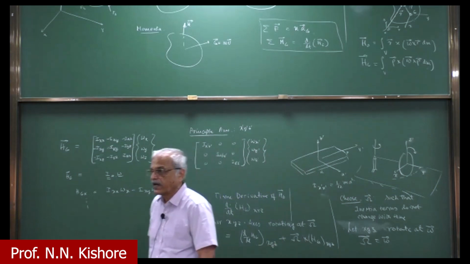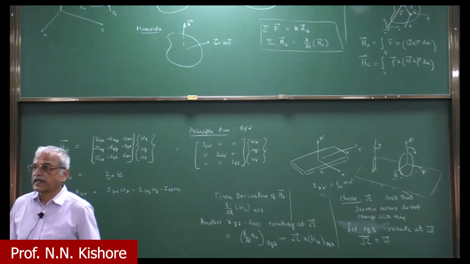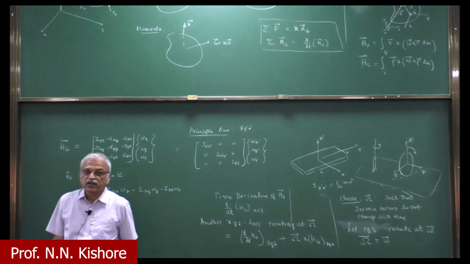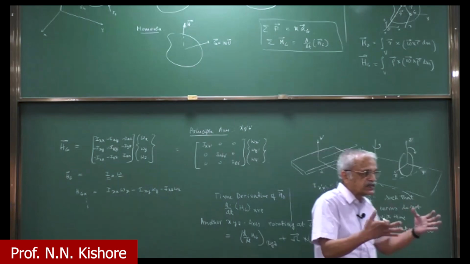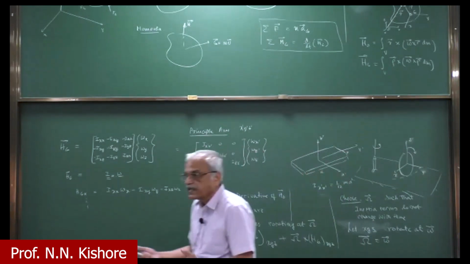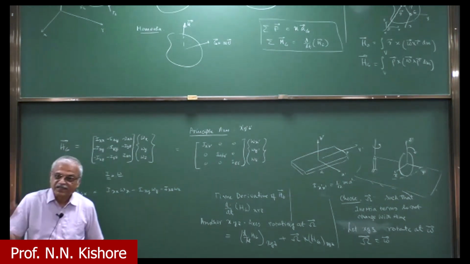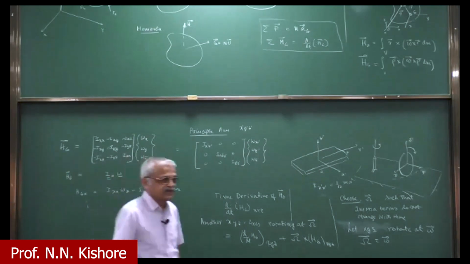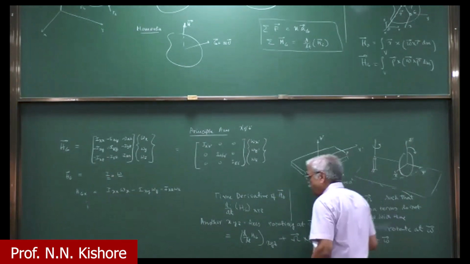The rotating frame small xyz is rotating at the same speed as the body itself. In such a case, the body is at rest with respect to small xyz, and the inertia terms will not change. So that's one trick we make. In fact, it's not our trick, it's done by Euler.